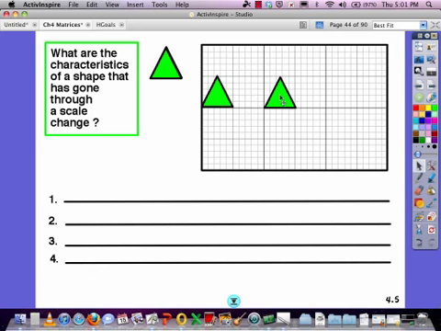But let's now make it, starting at that same corner, let's make him twice as wide. So that means, whoa. Okay. So my question to you is, what happened? What characteristics? Are those the same two triangles now? Yes, they're both triangles. But that first one was definitely equilateral. The one we have now, is it equilateral? Is it something else? It just went through a scale change on the x-axis only.